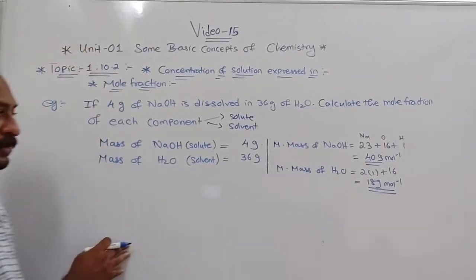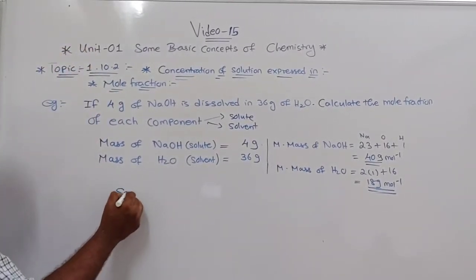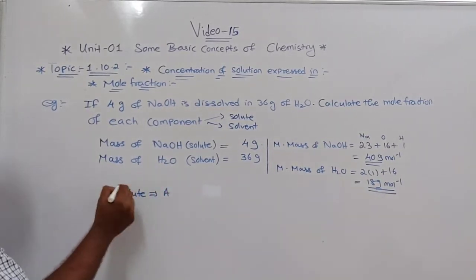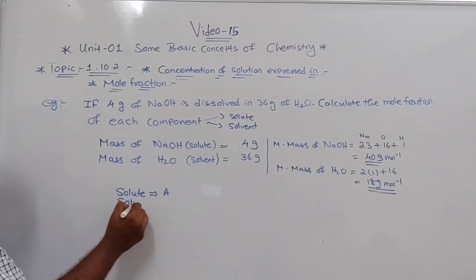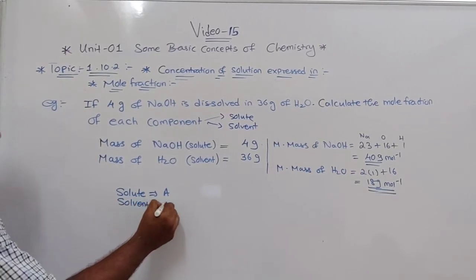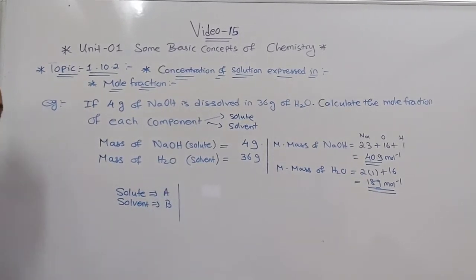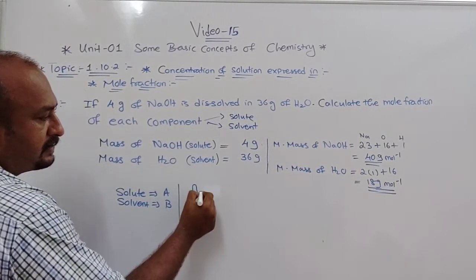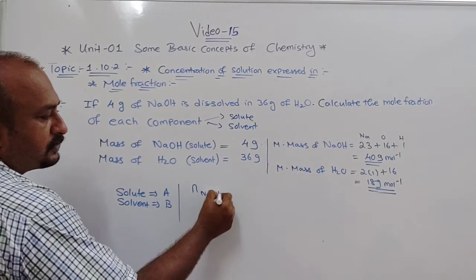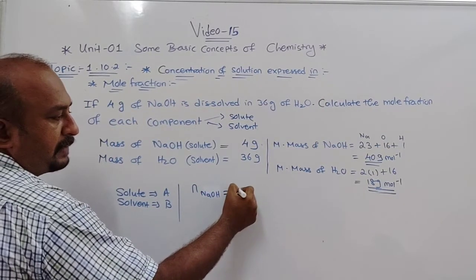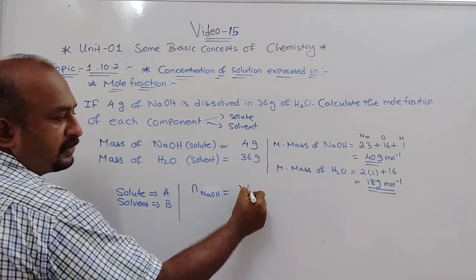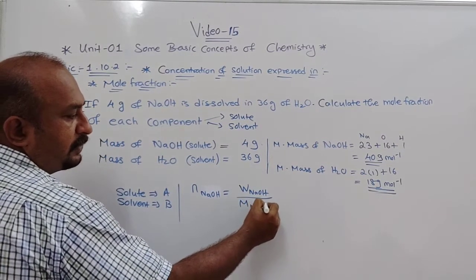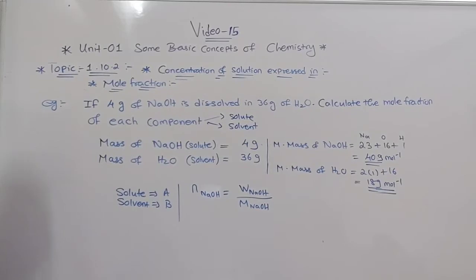Now we will find the number of moles. For solute we will take A and for solvent we will take B. Suppose I want to find the moles of solute, NaOH. Moles of NaOH is equal to weight of NaOH, mass, upon molar mass of NaOH, that was the formula if you remember.